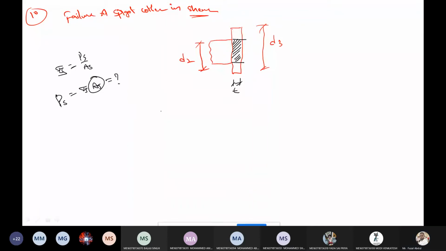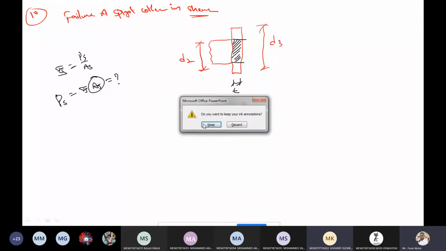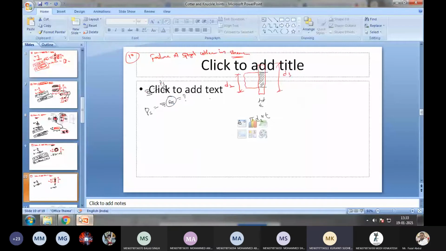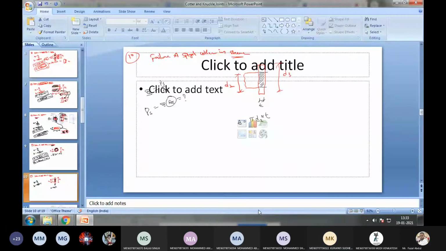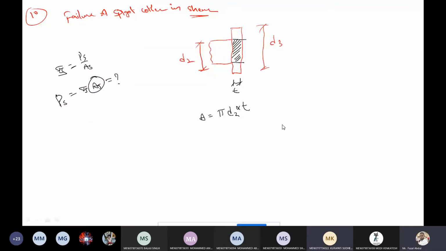The area is the failure area, which is pi into d2 into t.